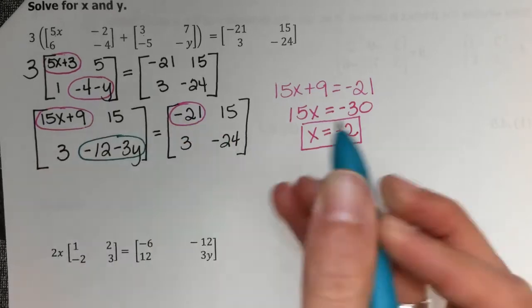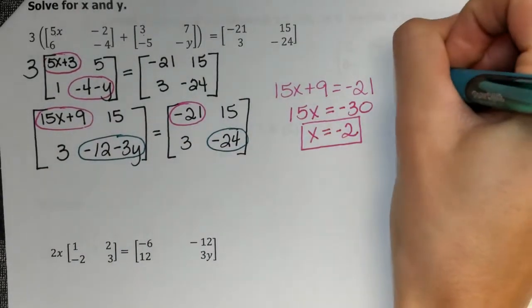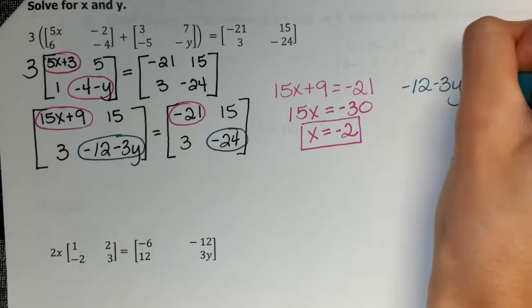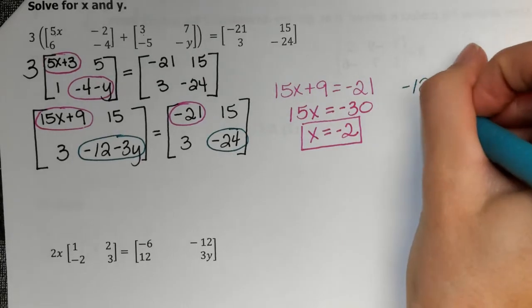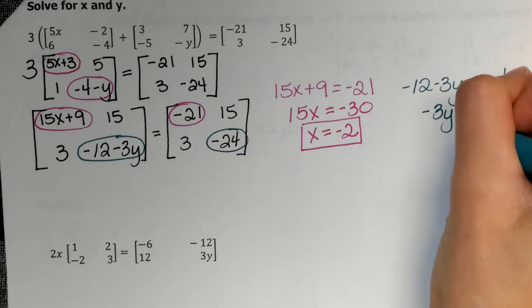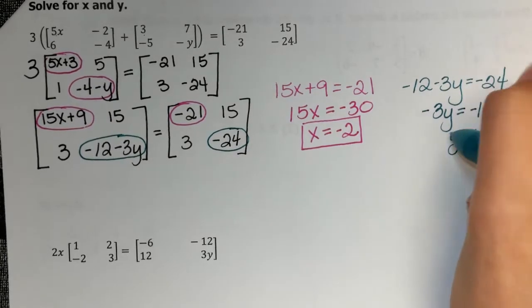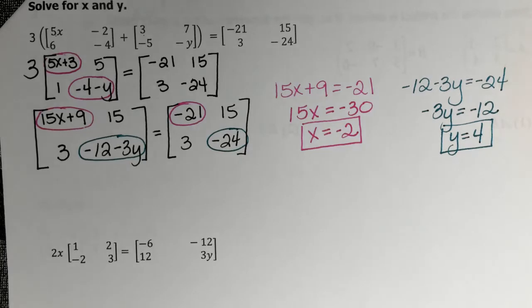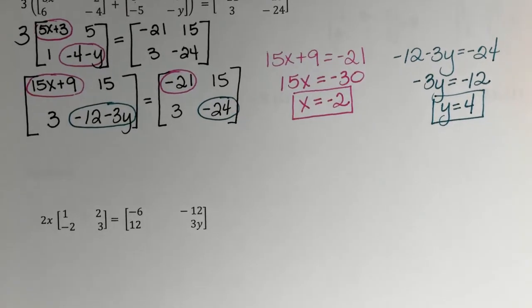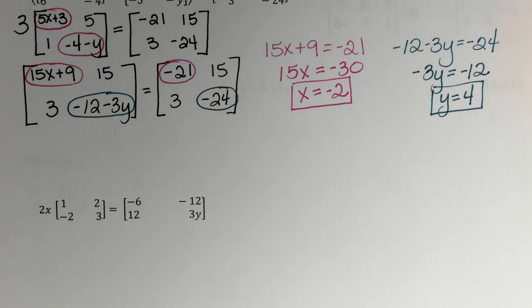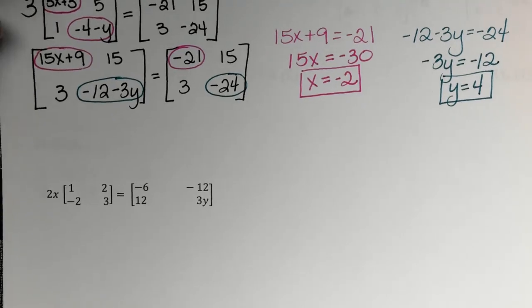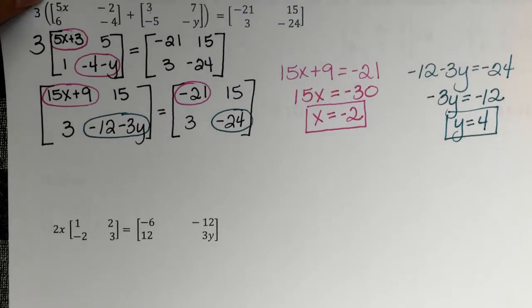Negative 12 minus 3y will equal, so I'm going to add 12, and negative 3y will equal, divide by negative 3, and y equals 4. We good to move on? Are we good?